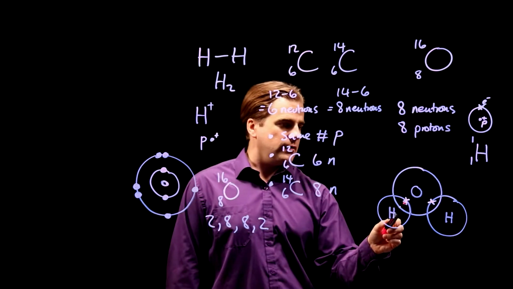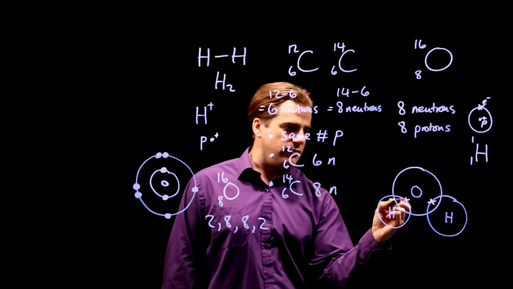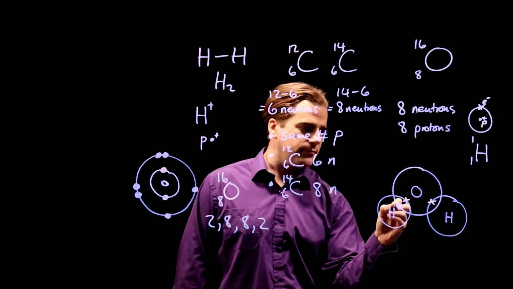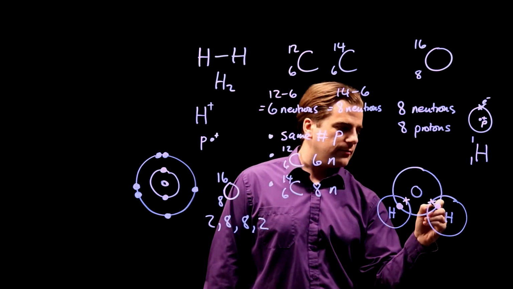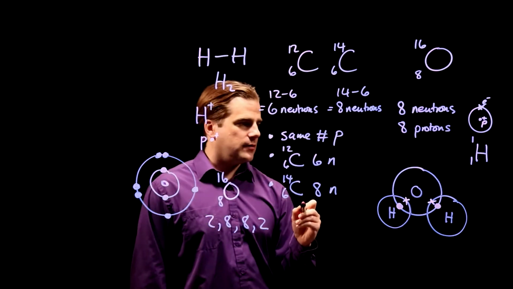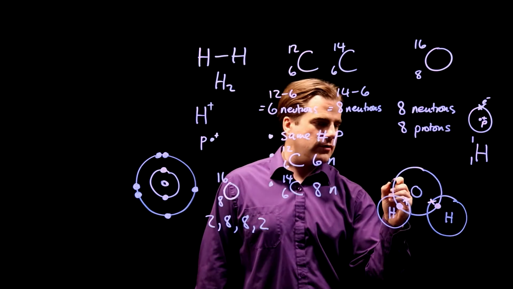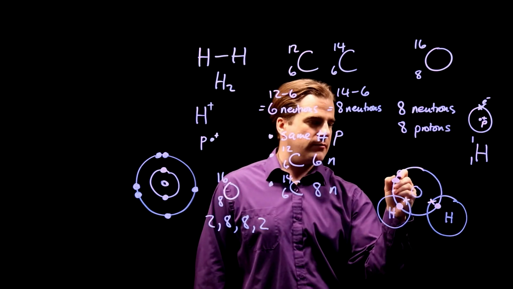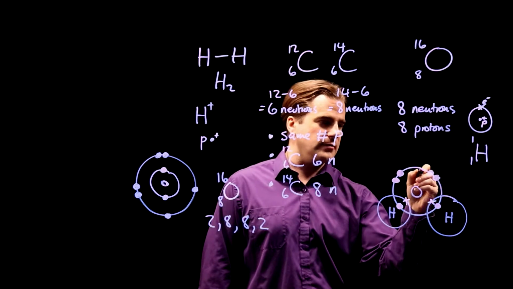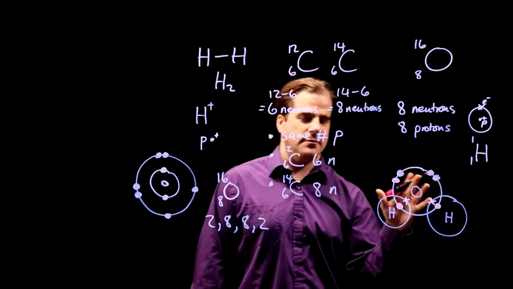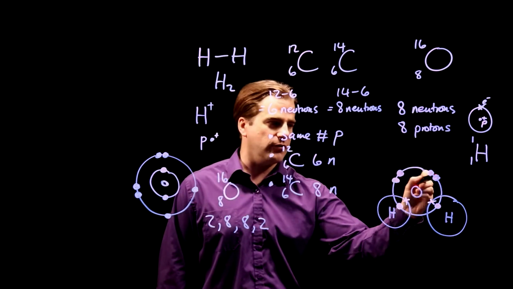Now, because there's 1 provided by the hydrogen, we can put 1 there. And there. And that's 2 of the 6. So the other 4 are going to go here. I'm going to draw them in pairs because they tend to go in pairs on the outside of the atom. But it doesn't matter if you draw all 4 evenly spaced.